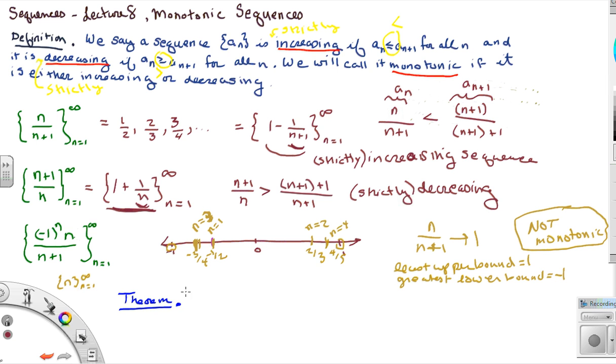The theorem is: a bounded monotonic sequence must converge.